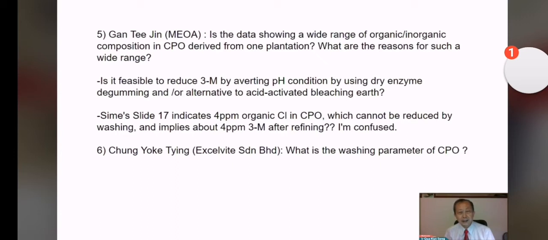Okay, let me say that when we wash CPO, we use hot water, and we try to use water which has as low chloride as possible, and it is done at just below 100 degrees Celsius, and fed to the centrifuge. There are some mixing stages that go on beforehand.